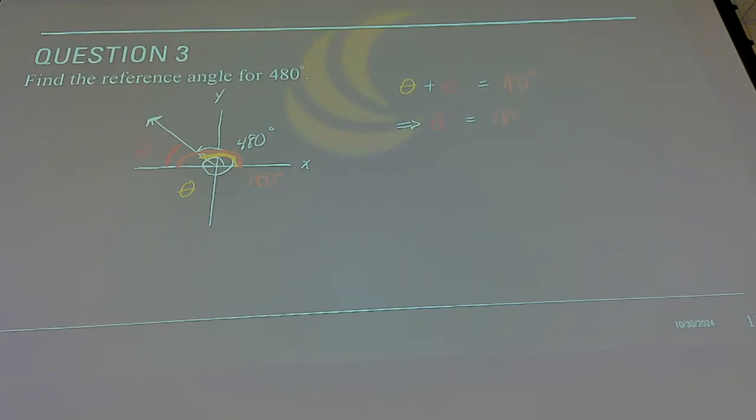But what do we know about the yellow angle? How does it compare to the 480 degrees? How does it relate to the 480 degrees? Don't they share the same terminal side? Which means they're what?